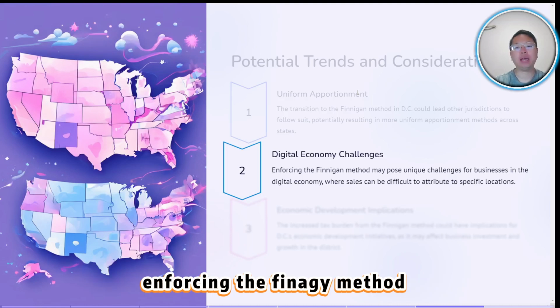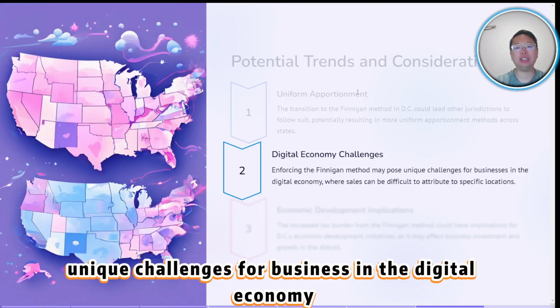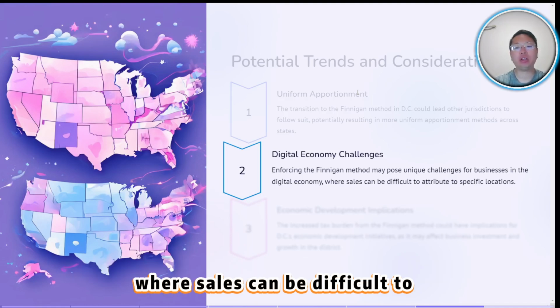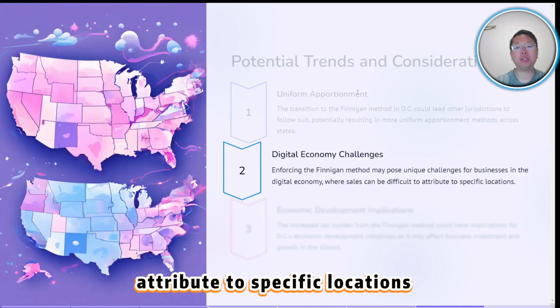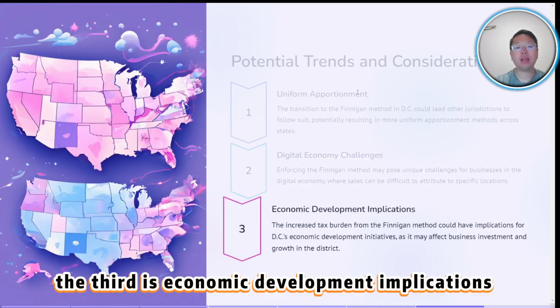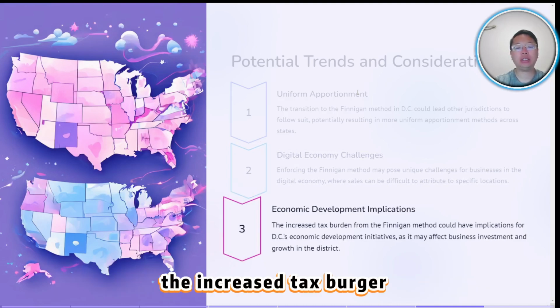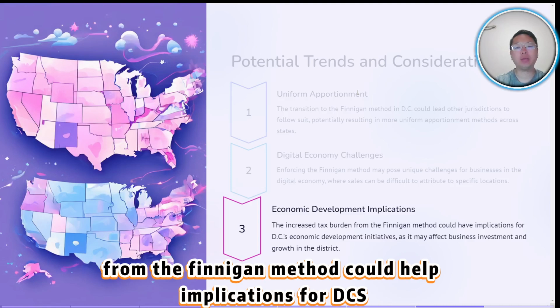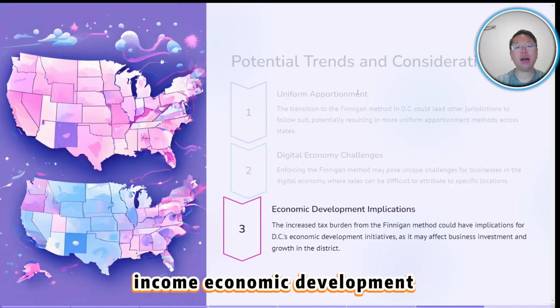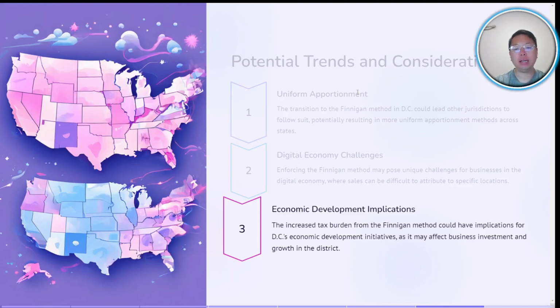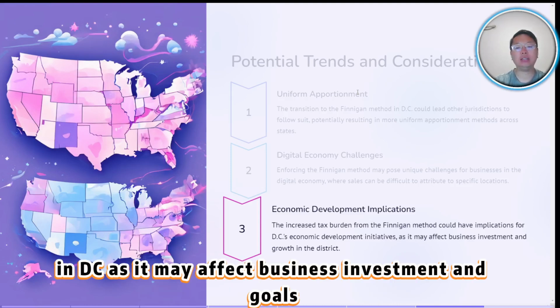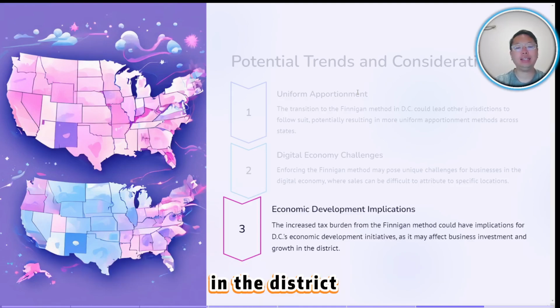Enforcing the Finnigan method may pose unique challenges for businesses in the digital economy, where sales can be difficult to attribute to specific locations. The third is economic development implications. The increased tax burden from the Finnigan method could have implications for DC's economic development initiatives, as it may affect business investment and growth in the district.